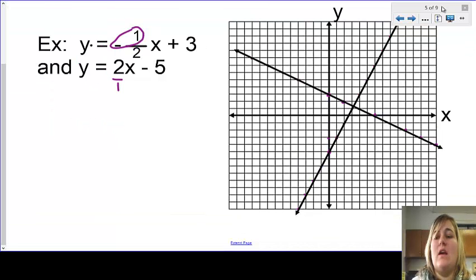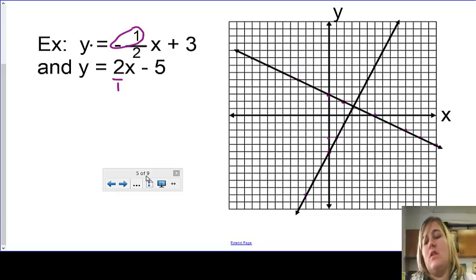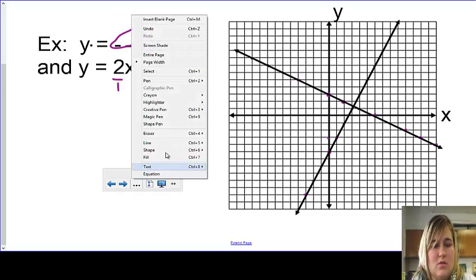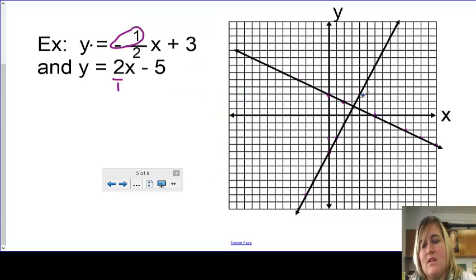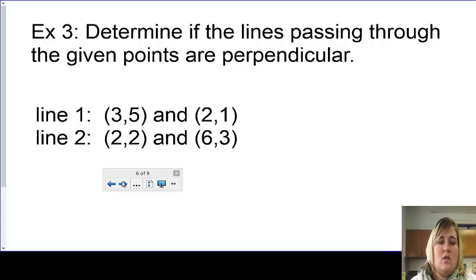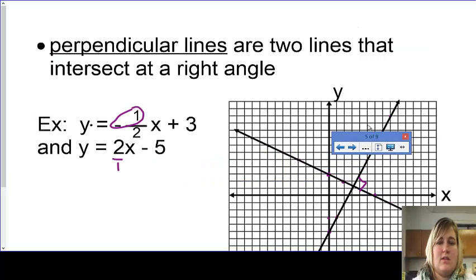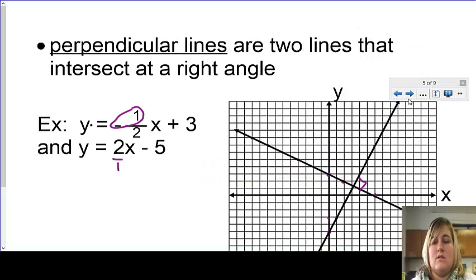You can see here how these two lines meet at, whoops, I didn't change back to the pen tool. Okay, you can see how these two lines meet at a right angle, which makes them perpendicular. Did I say what makes, okay? It doesn't say.